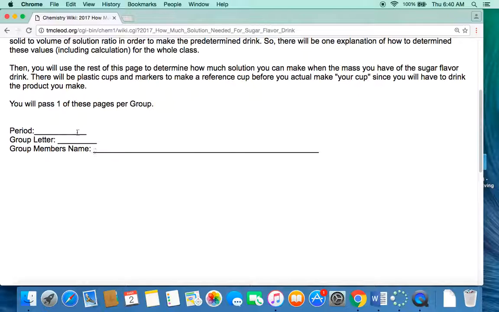So use the period and group letter from the last one you did. You're going to use the same letter or number, whatever the group designation is, and of course all the members' names. So what I should see after everybody's done is 12, or however many groups there are, pieces of paper of this, okay?